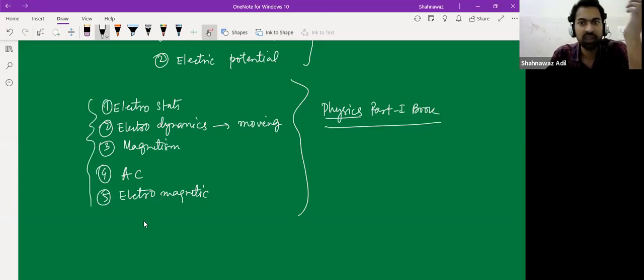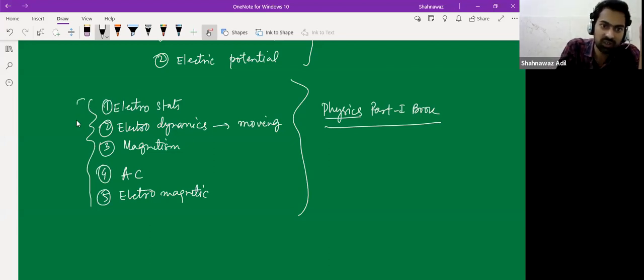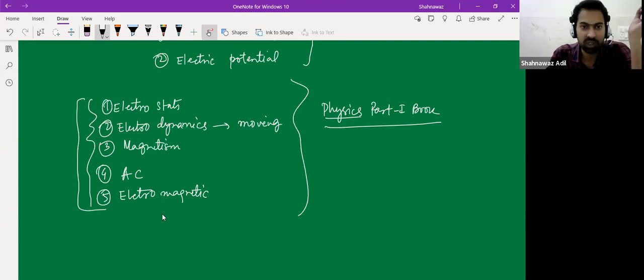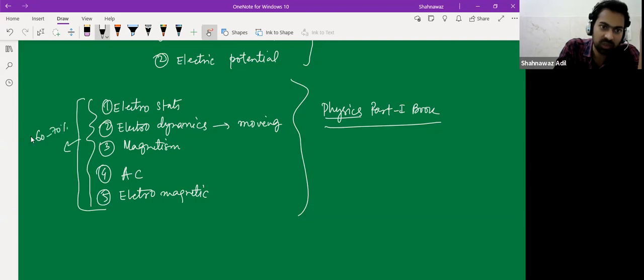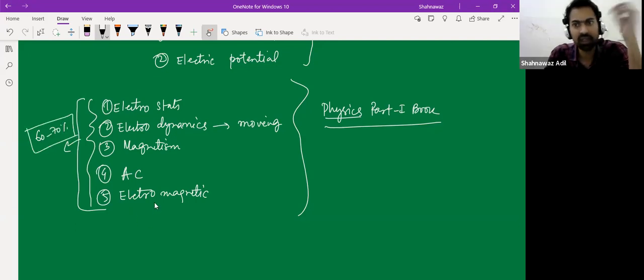And then in your second book, you will have optics, the ray optics, the wave optics, then dual nature of particles, structure of atom, and lastly semiconductor devices. So my goal in the next few months is to concentrate on these five important topics. They cover approximately 60 to 70% of your syllabus, so if you know these, then you can score good marks in your school, right?